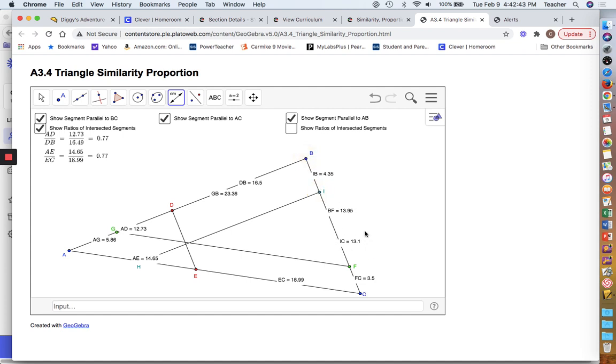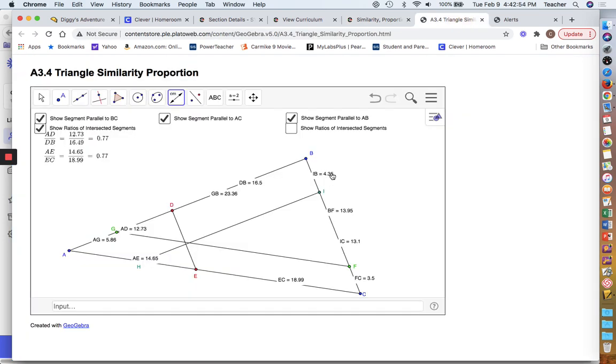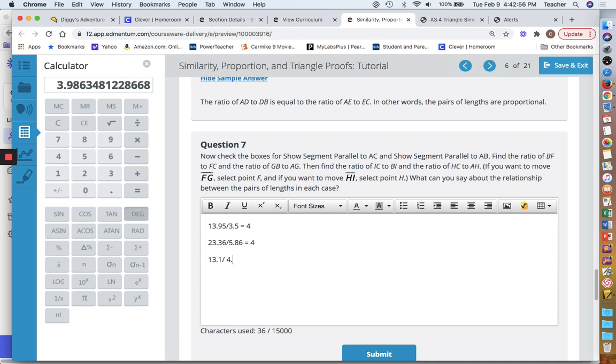Okay, so 13.1 divided by 4.35. Let me come over here and divide this. 13.1 divided by 4.35. This time that ratio is a 3.